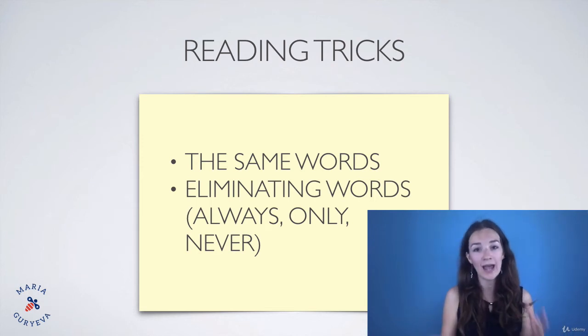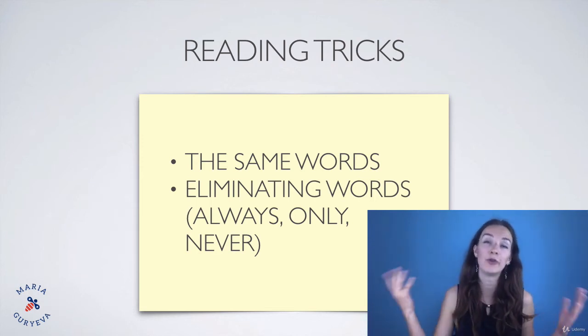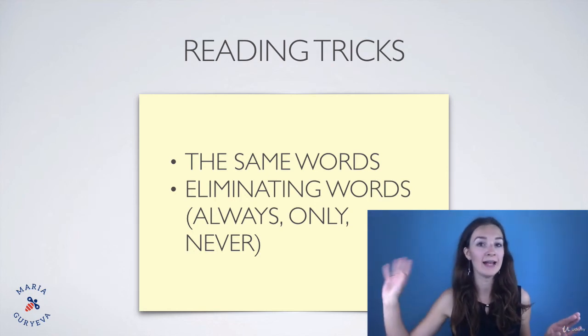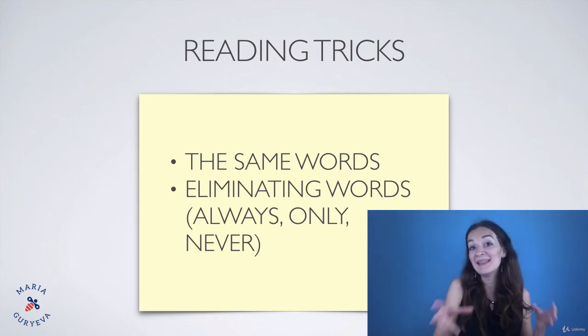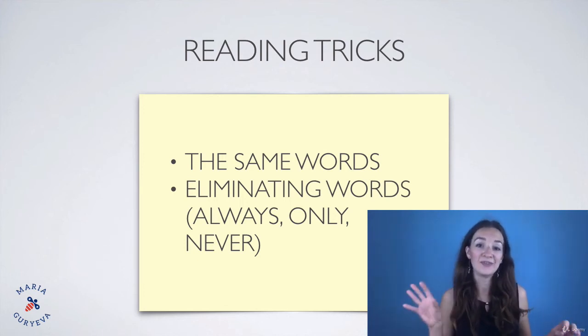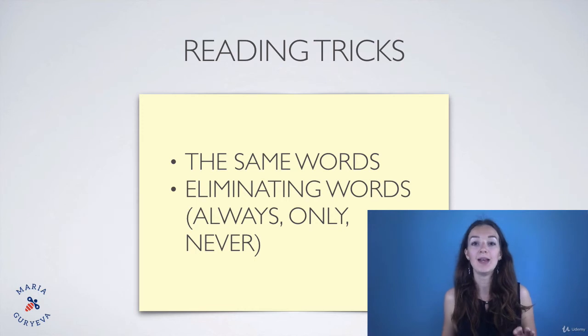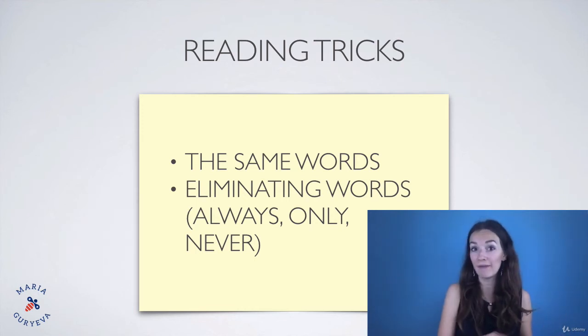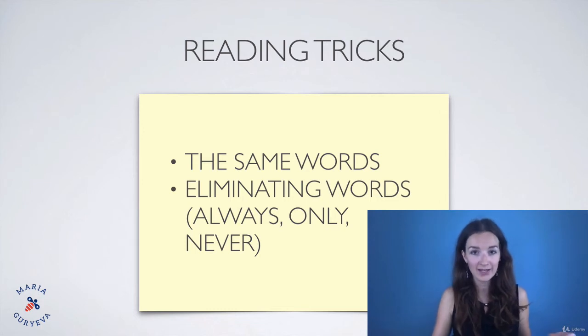Because usually what happens is in the text, they, for example, say, there are three factors that influence something. And then in the answer choice, we have there are only three factors that blah, blah, blah, blah. So in the text, we had there are three factors. In the answer choice, we have there are only three factors.